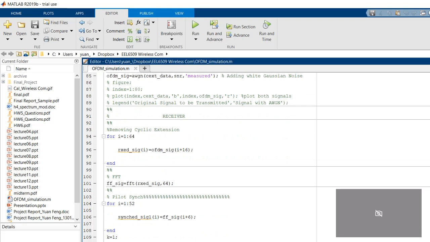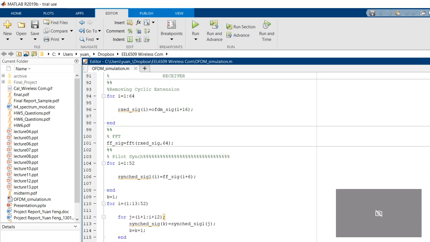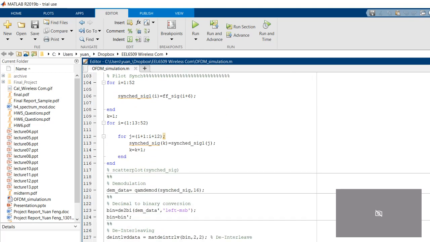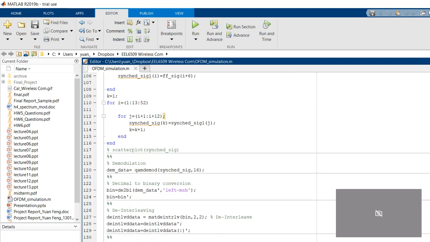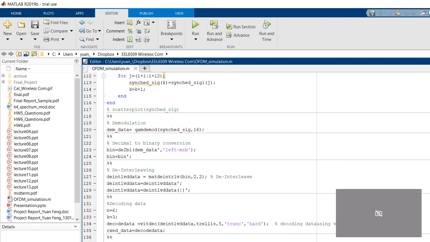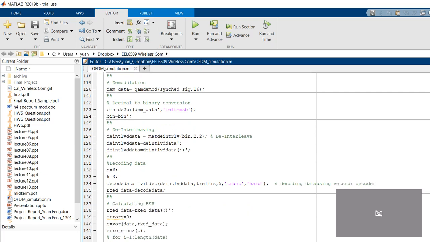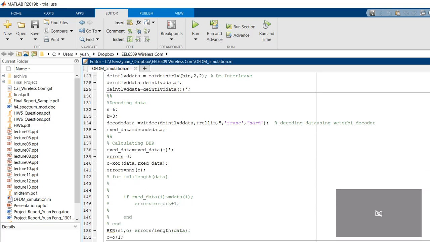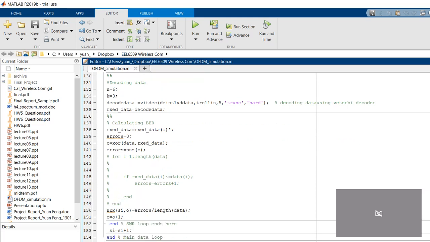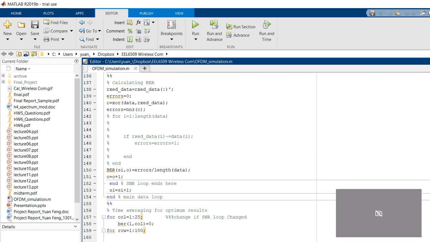After the receiver gets the signal, it will do the inverse operations like removing cyclic extension, pilot synchronization, demodulation, and converting the decimal back to binary, and also do the inverse operation of time interleaving and decoding the data that was previously coded by the channel coding method. And finally, I calculate the bit error rate with respect to SNR to form the plot.